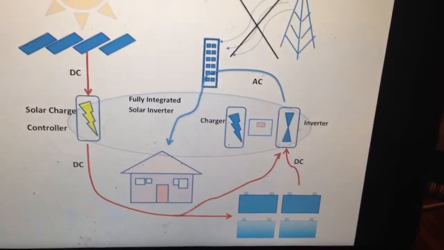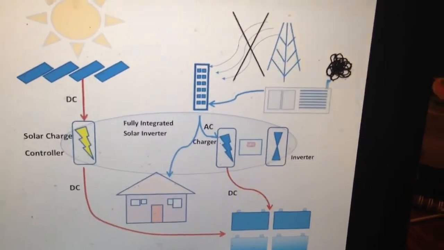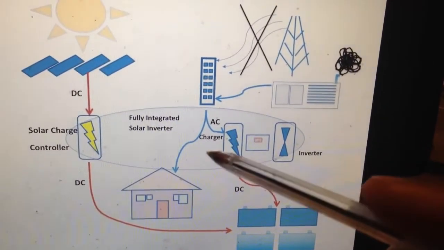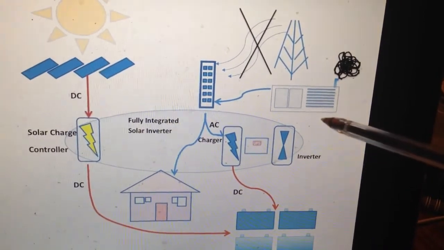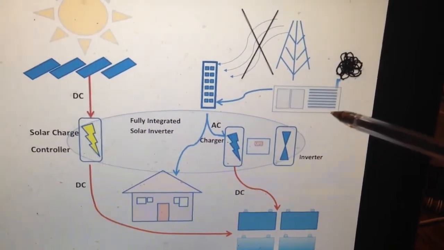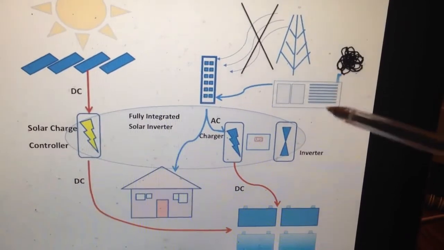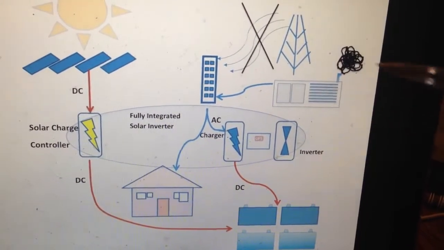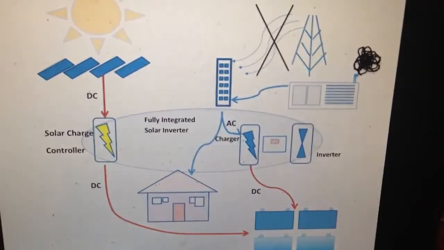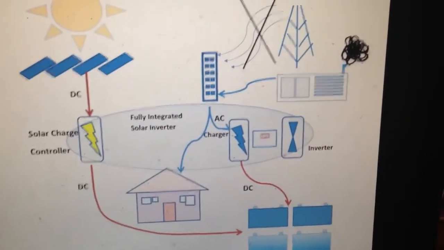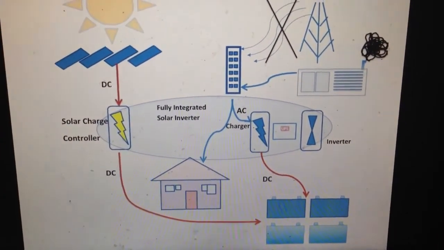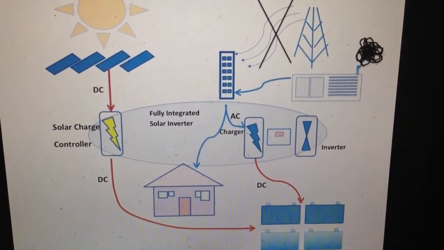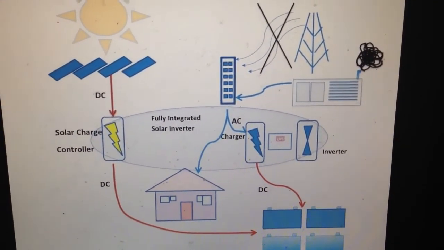And some of these units now, the solar inverters, even have remote generator start. It can be an option, maybe in a situation where there isn't sun, or in winter, or some parts of the world where they don't enjoy the kind of sun we do in Africa.